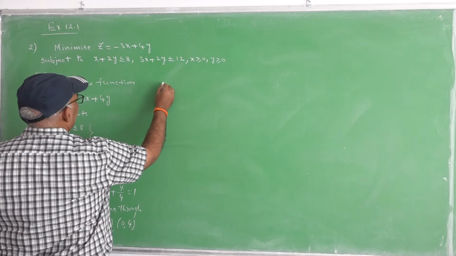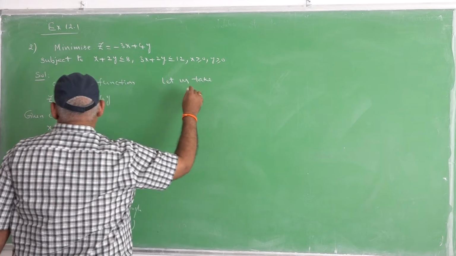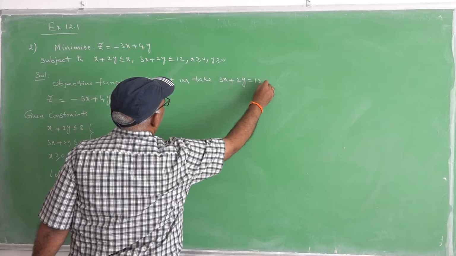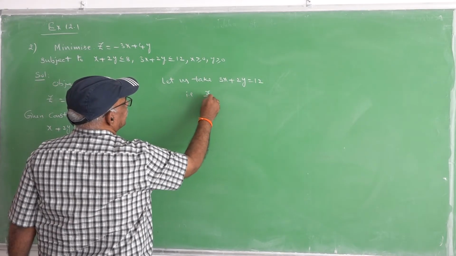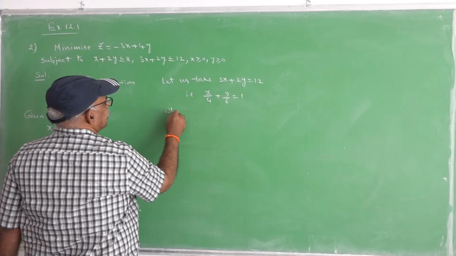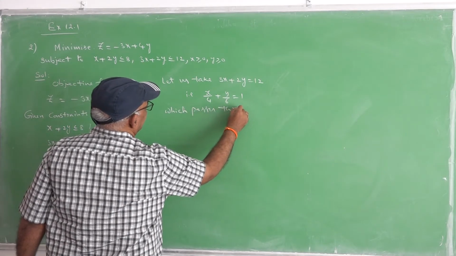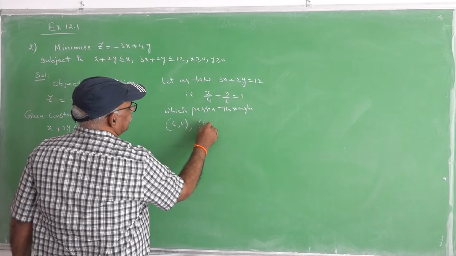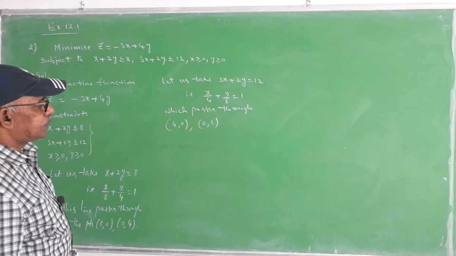Similarly, let us take the other condition 3x plus 2y equal to 12. By dividing with 12, we get x by 4 plus y by 6 equal to 1, which passes through the points 4, 0 and 0, 6.